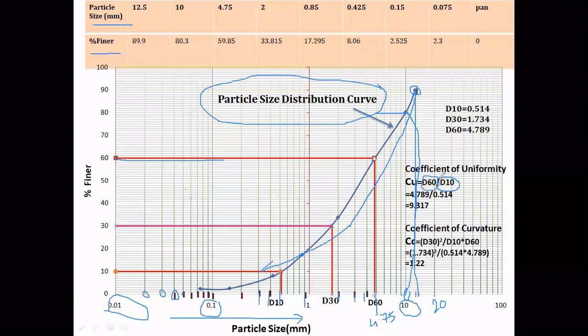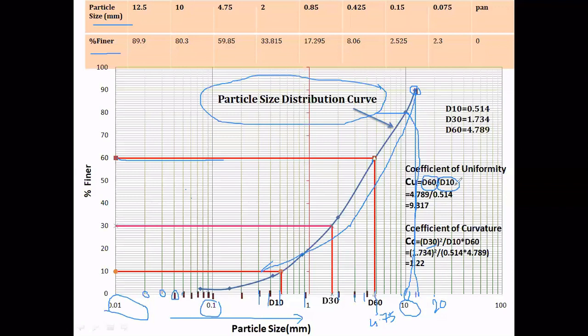D60 is 60% of the particles are finer than the stated size. Coefficient of curvature Cc is represented by this formula, d30 square divided by d10 into d60. So in this, d30 is 30% of the particles are finer than the stated size.